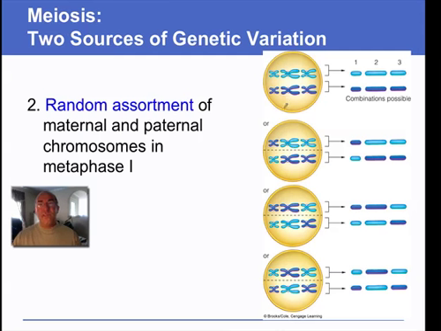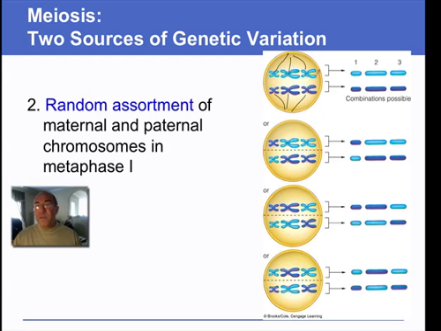There is a second source of genetic variation, and this diagram represents it happening in metaphase 1. It can happen in metaphase 2 as well. And here we have the chromosomes all lined up with spindle fibers going off to both sides of the cell. And in this particular case, all one type of chromosomes are going one way and all the other type are going the other way.